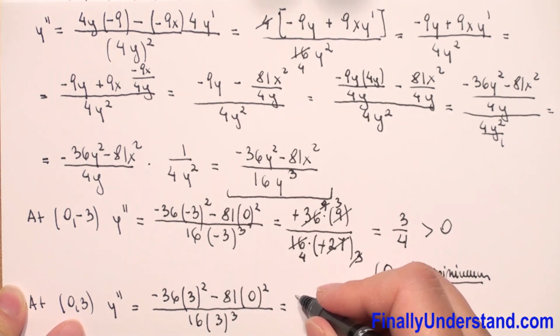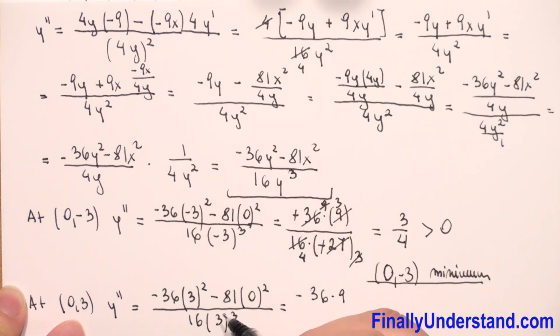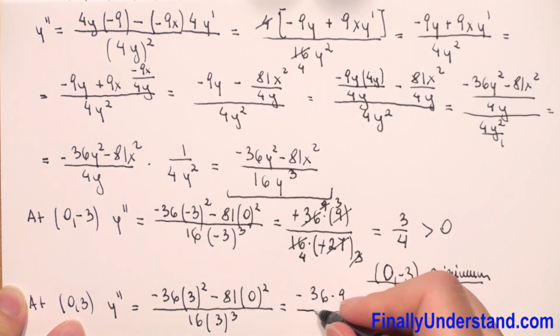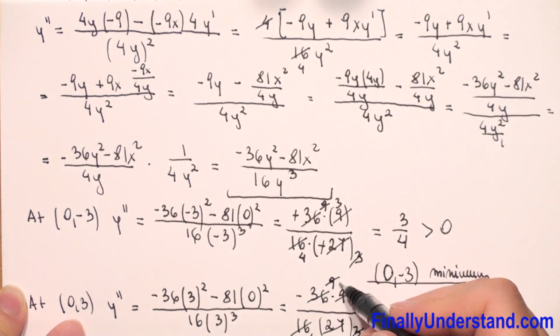We have negative 36 times 9, 81 times 0 will be 0, over 16 times 27. So this is equal. We can reduce 27 with 9, 36 with 16, so it will be divided by 4, 9 and 4, and 9 with 3 will be 3.